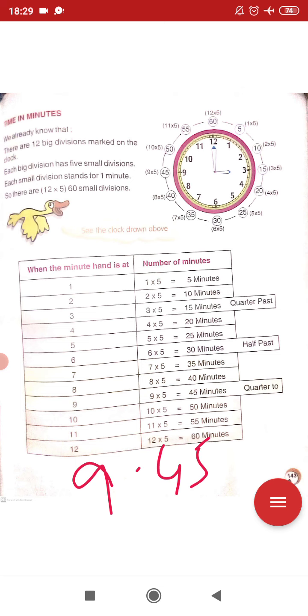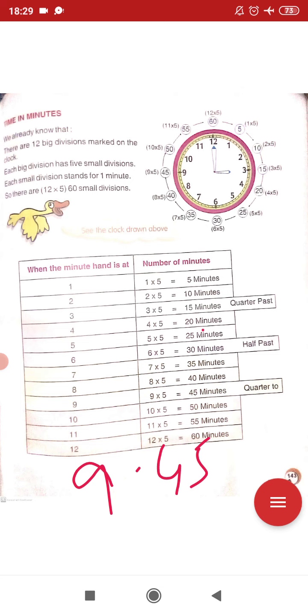Okay, so always remember when the number of minutes is 45, then we can use this term quarter to, but the hour number will be the next hour. The given time, the hour number that is given plus 1, the hour number 10 होगा 9 के बदले.